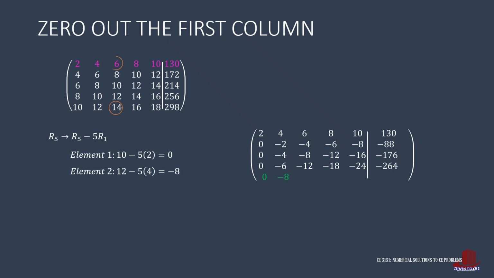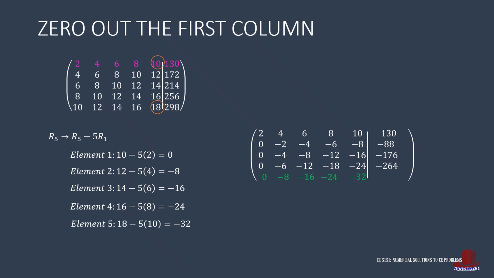The next element is 14 less 5 of 6, resulting to negative 16, followed by 16 minus 5 times 8, and that is negative 24. The last element has 18 less 5 times 10, resulting to negative 32. From the constant column, 298 minus 5 times 130 is negative 352.